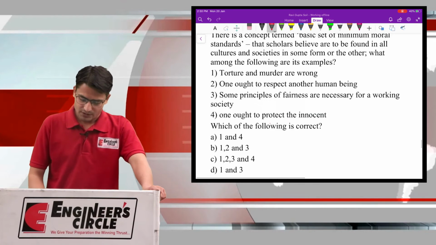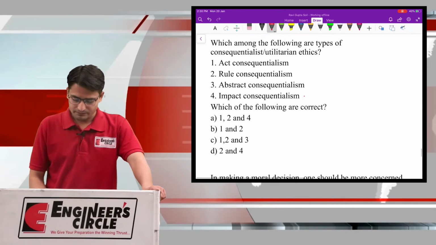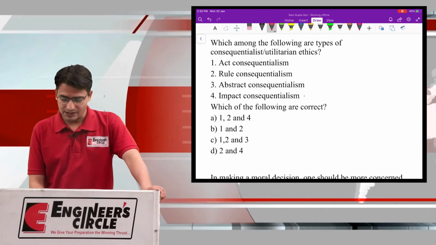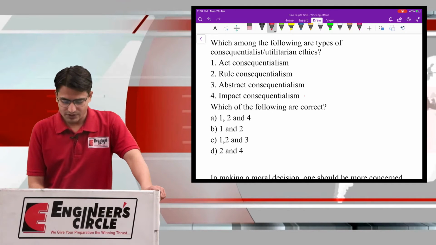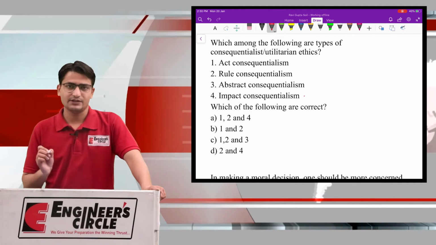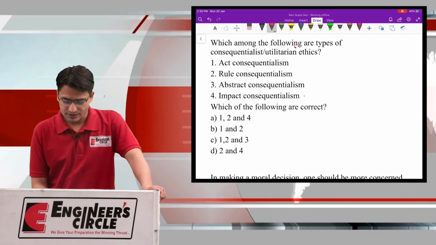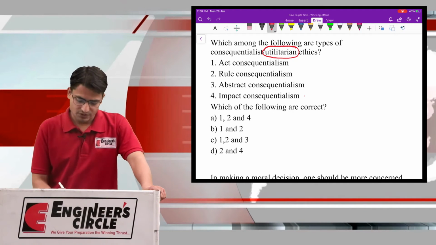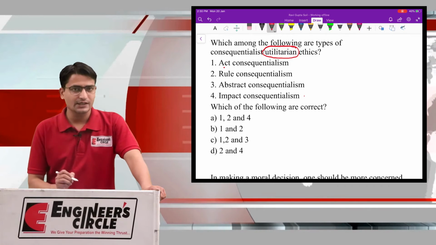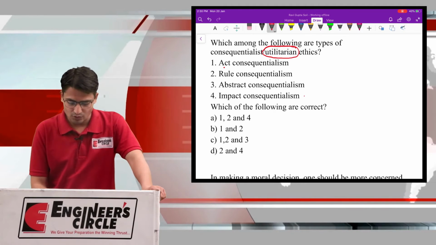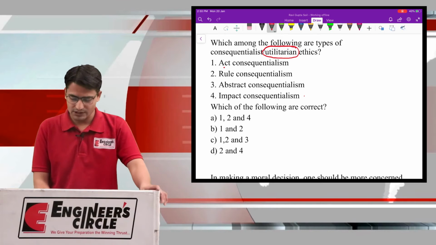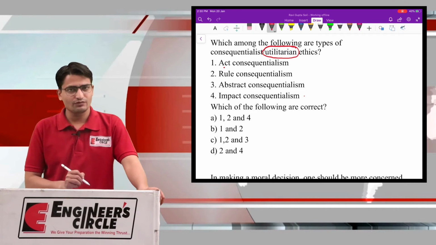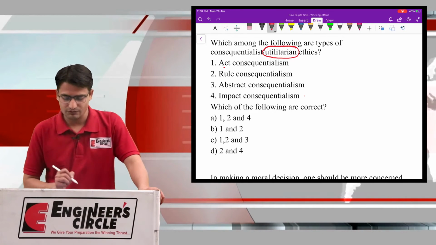Okay. So coming to the next question, which among the following are types of consequentialist or utilitarian ethics? So we have to just select what are the types of utilitarian ethics. The first one is act utilitarianism, second rule utilitarianism or consequentialism, third abstract consequentialism, and fourth impact consequentialism.